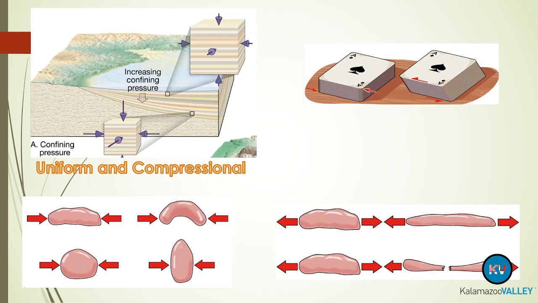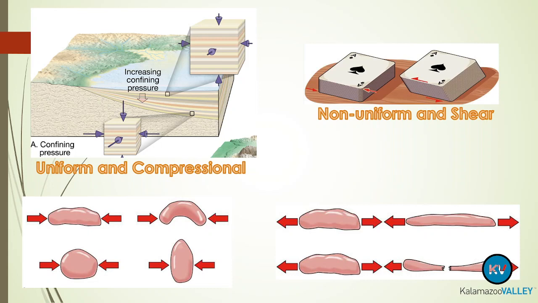This would be an example of what types of stress. This would be non-uniform, and it is shear. So there's some force in one direction and another force in the opposite direction, so that this deck has experienced shear force, which is why it is tilting at an angle.